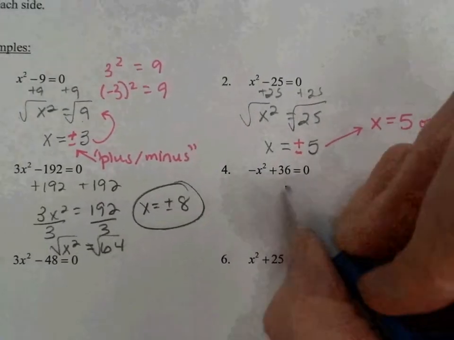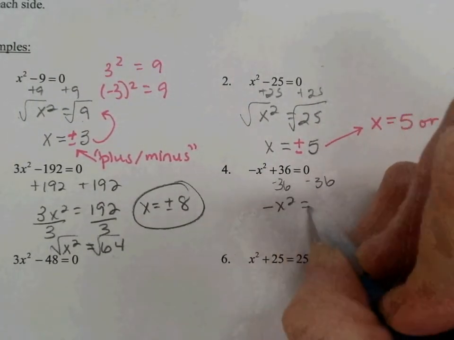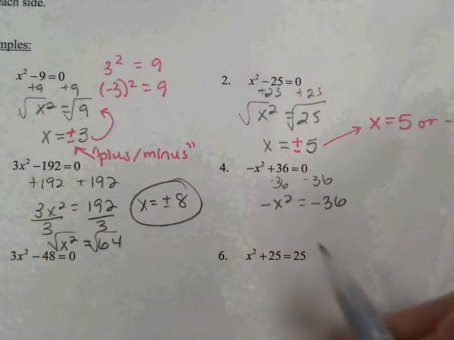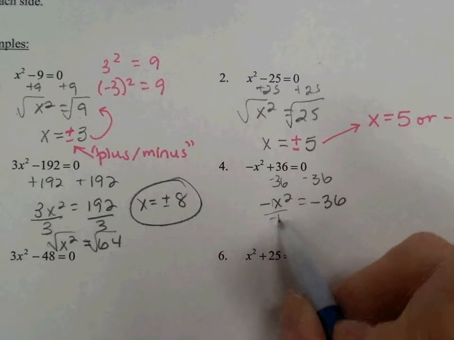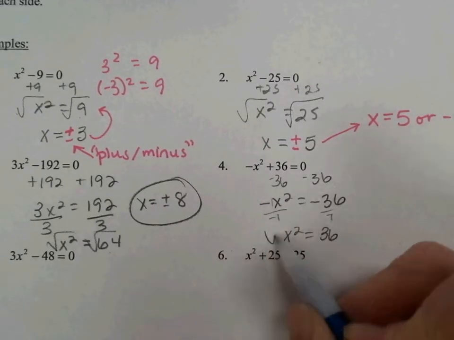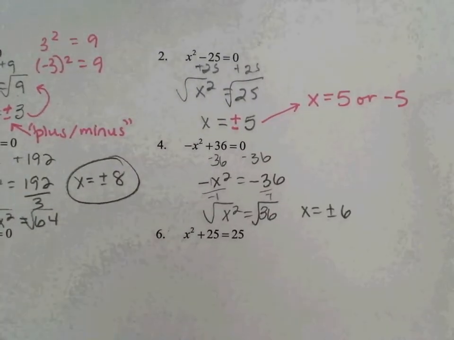Next up, subtracting 36 from both sides, we get negative x squared equals negative 36. So just divide both sides by that negative 1. So x squared equals positive 36. Square root both sides, and we get x equals plus or minus 6.